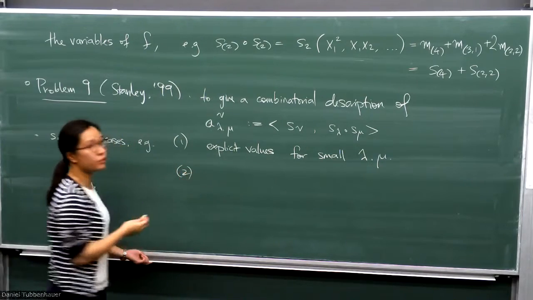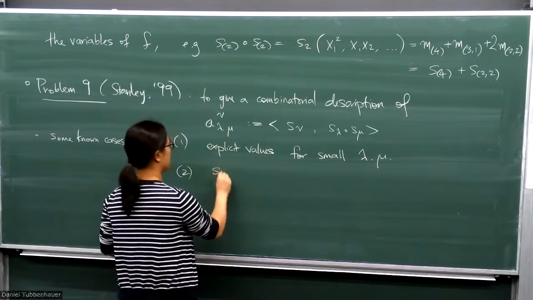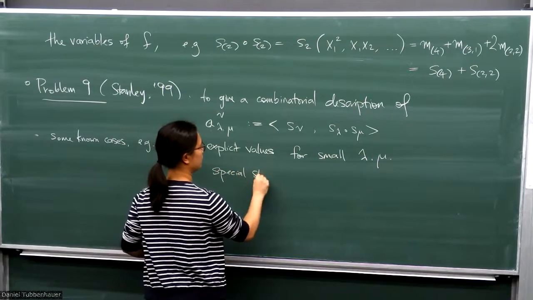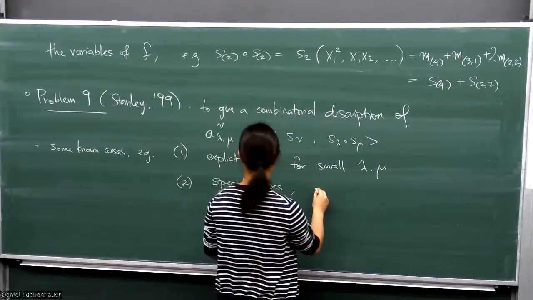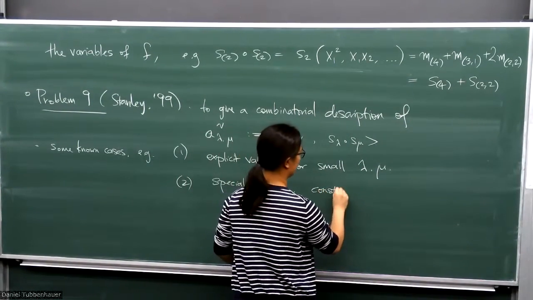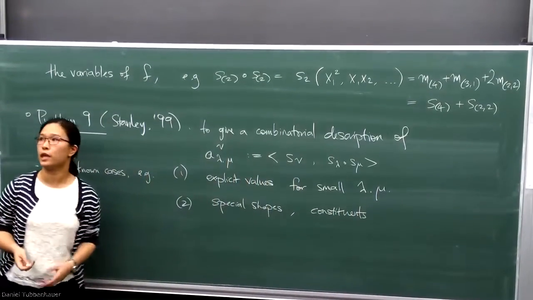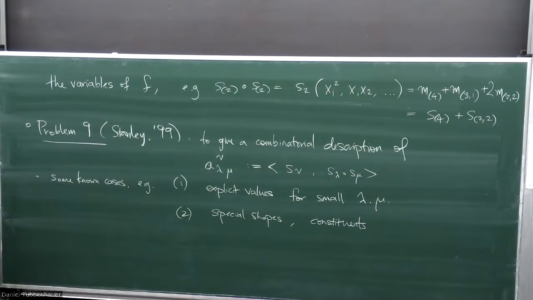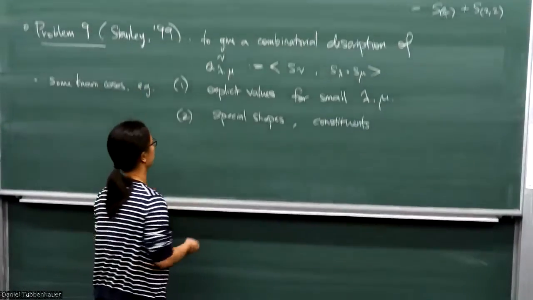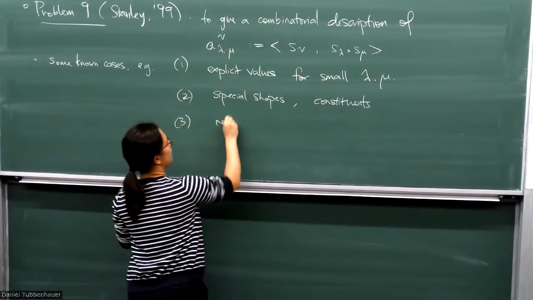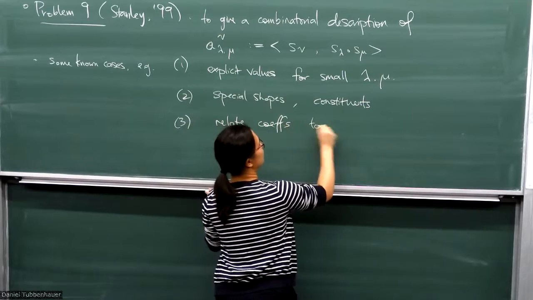Or if the partitions are special shapes, then there are also some results known along these lines. So I'll just say special shapes, like Foulkes partitions or special constituents, for instance, with maximals and minimals in, let's say, dominance ordering on partitions. And also 3, we can relate the coefficients to one another.